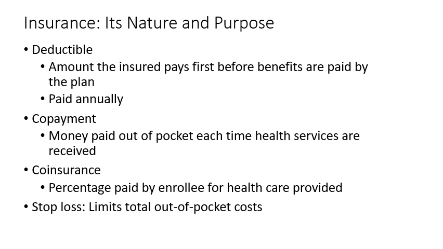Co-insurance is the percentage paid by the enrollee for health care provided. Let's say you had to pay 20% while your health insurance pays 80%. If your bill was $100, you pay $20 and your health insurance pays $80.